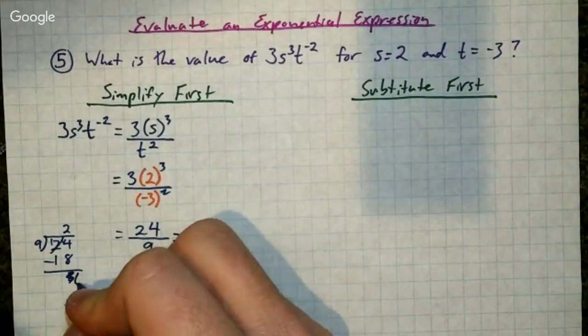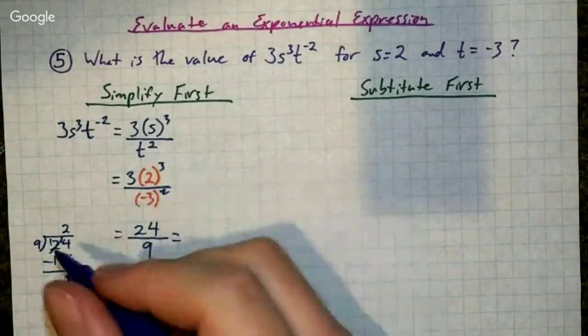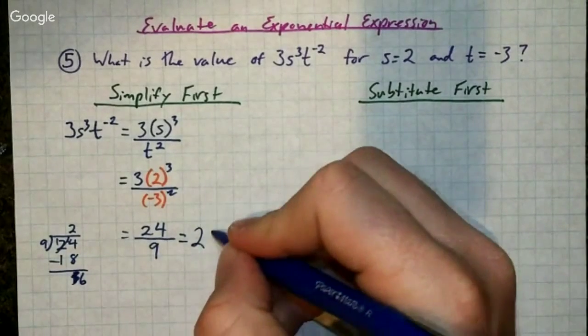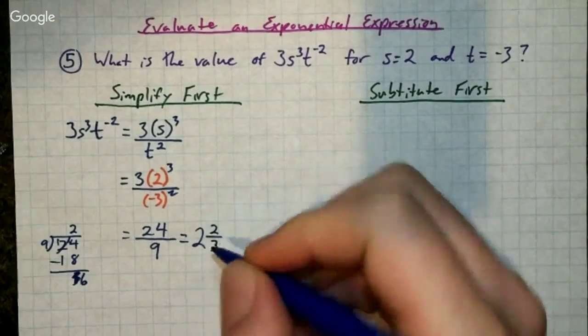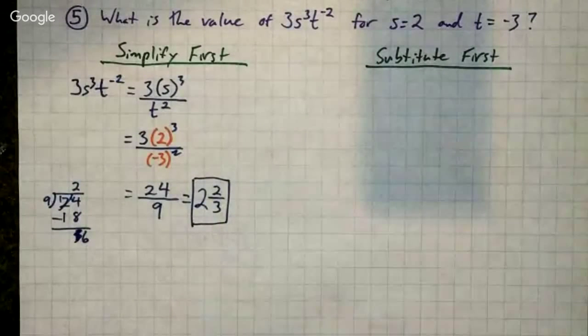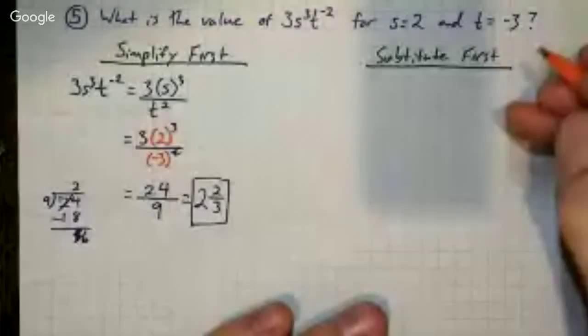That gives us 6. There we go. 2 and 6 over 9 is the same thing as 2 and 2 over 3. Okay, so when we simplify, we get 2 and 2 over 3.